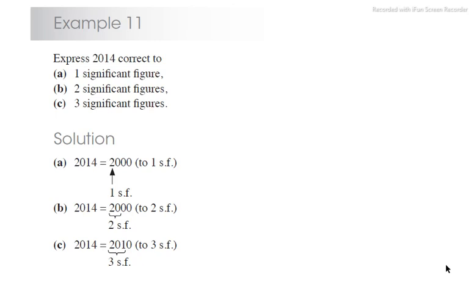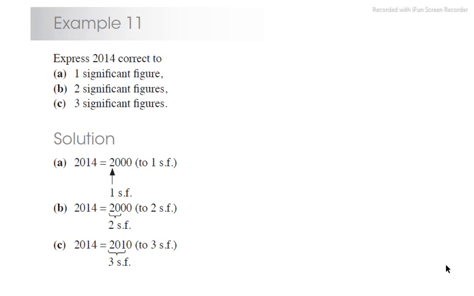Still, we can express 2014 corrected to two significant figures. But when we are correcting to two significant figures, this time we shall be forced to consider one of the zeros, because if you try to round off 14 to the nearest hundreds, still it cannot change anything because it is far lower than 100.